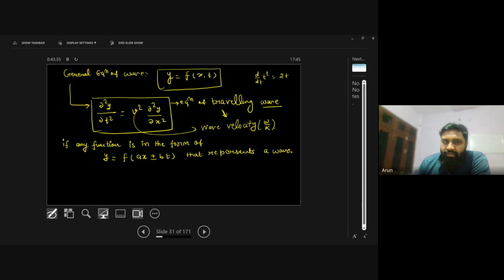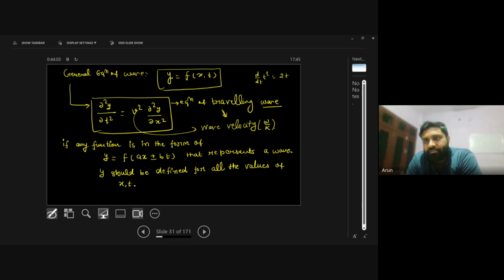But the condition is that y should be defined for all the values of x and t.